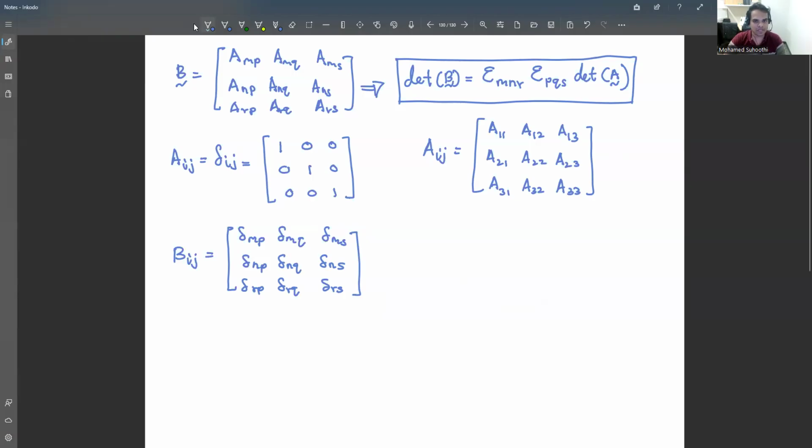So now we will apply this relationship here. Determinant of B means this one. So I will write the right side first: MNR, PQS, determinant of A, for identity matrix, it is 1, right? Okay, so this equals determinant of B, this one.